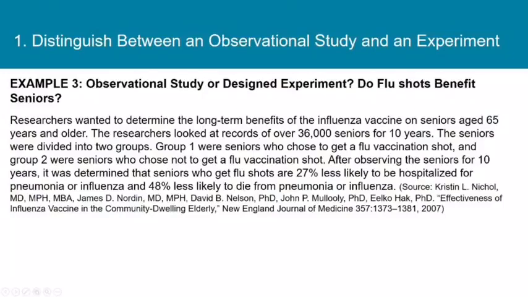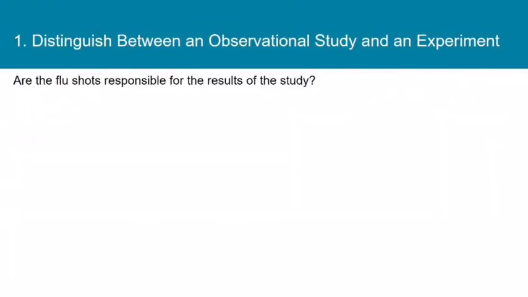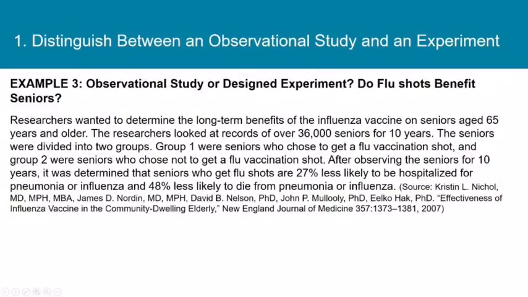So let's talk about this a little bit. First of all, are the flu shots responsible for the results of the study? Well, let's look back at the numbers. You saw that the seniors who got flu shots were 27% less likely to be hospitalized and 48% less likely to die from pneumonia or flu.